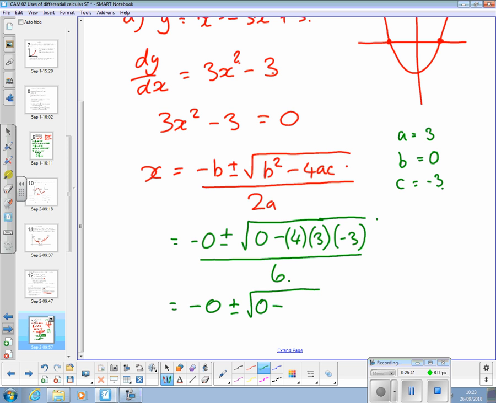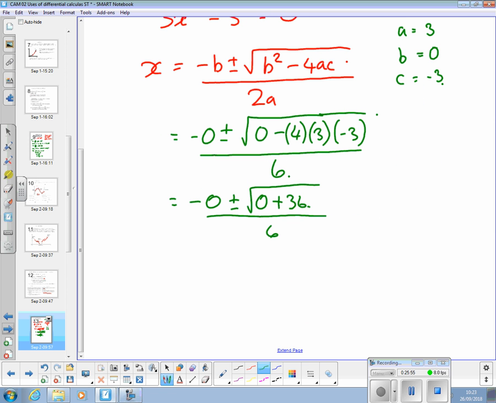4 times 3 times minus 3, all over 6. That's 36, over 2 times 3. What's the square root of 36 equal to?